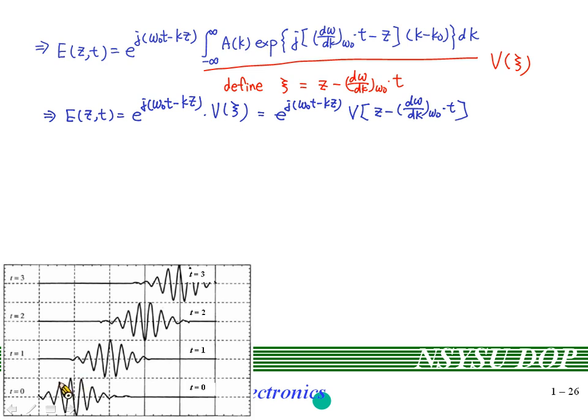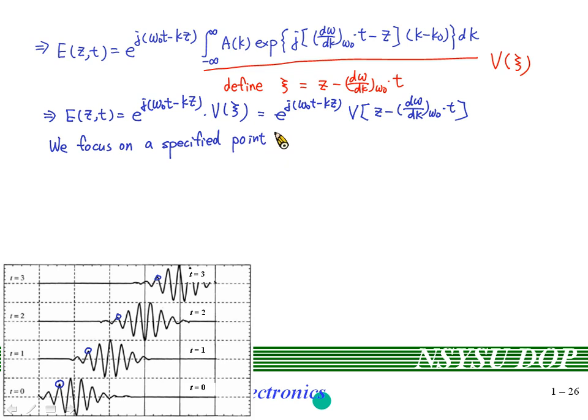We try to focus on a specified point and observe how this point moves as time increases. To find out the velocity, we focus on a specified point.